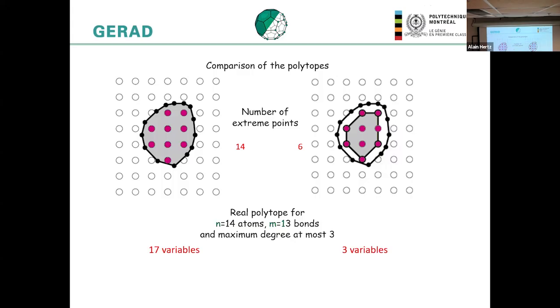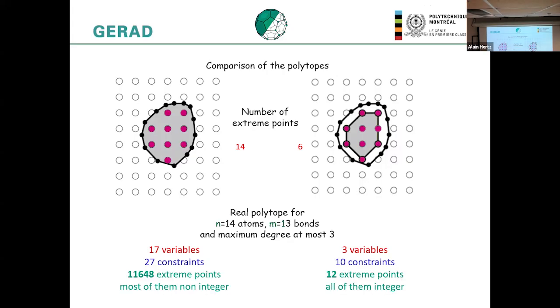As I said, they have 17 variables. As we will see, our problem has only 3 variables and not 17. I will come to this later. So we work with fewer variables. They have 27 constraints. We have 10 constraints. But what is very interesting is that with this model, you have 11,648 extreme points, 99%, if not 100% of them, non-integers.